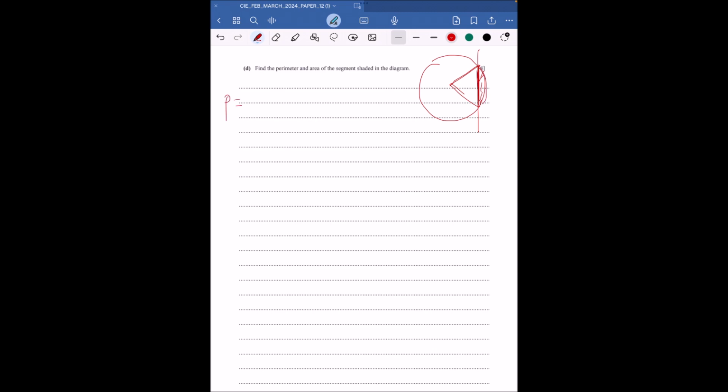So the perimeter is 4 plus theta r, which is 4 plus 0.9273 times root 20. So the perimeter will be 8.1.